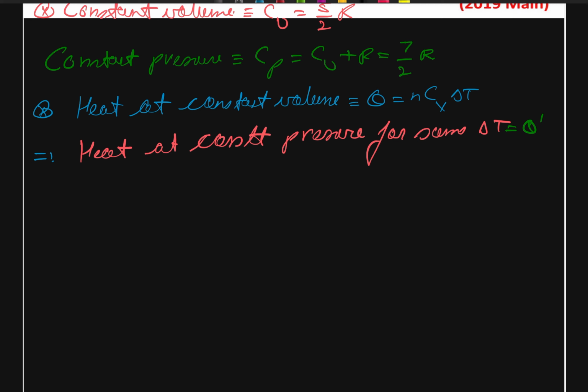So we can say our Q prime will be equal to n C of P multiplied by delta T, and let's take their ratio.